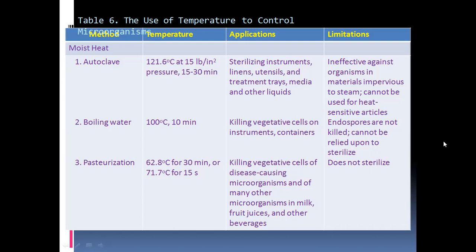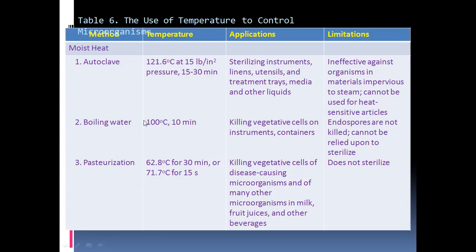So this is the limitation. Autoclave cannot be used for heat sensitive material, any material like plastics or cotton or cloth. Moreover, for organisms which are resistant to heat, to which heat is ineffective, those materials cannot be sterilized in an autoclave.